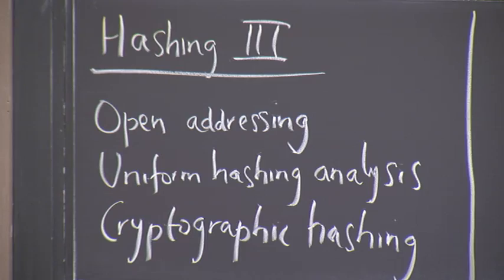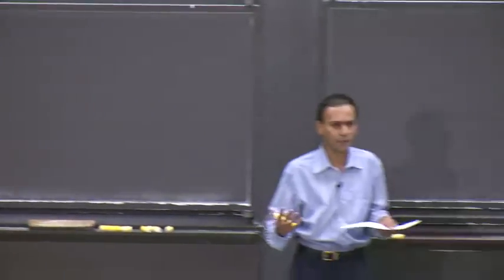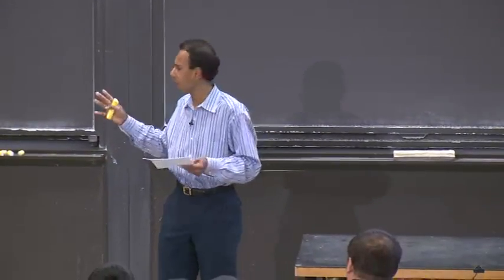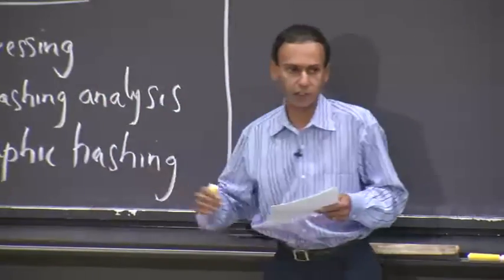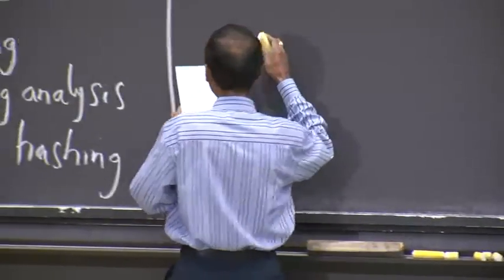It has a lot of applications in computer security and cryptography, and so we'll describe the notion of a cryptographic hash, and we'll talk about a couple of real simple and pervasive applications like password storage and file corruption detectors that you can implement using cryptographic hash functions, which are quite different from the regular hash functions that we're using in hash tables, be it chaining hash tables or open addressing hash tables. All right? So let's get started and talk about open addressing.